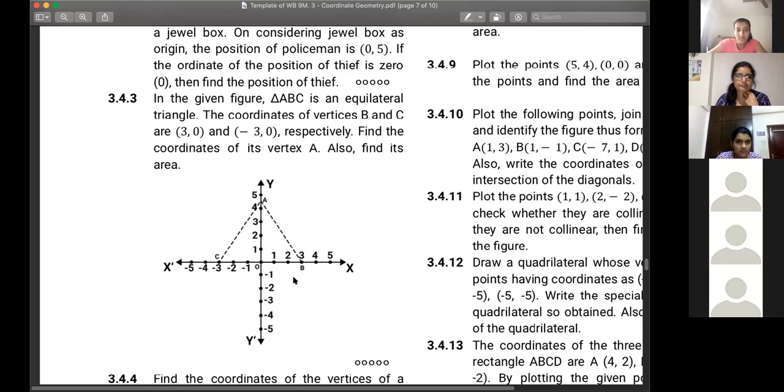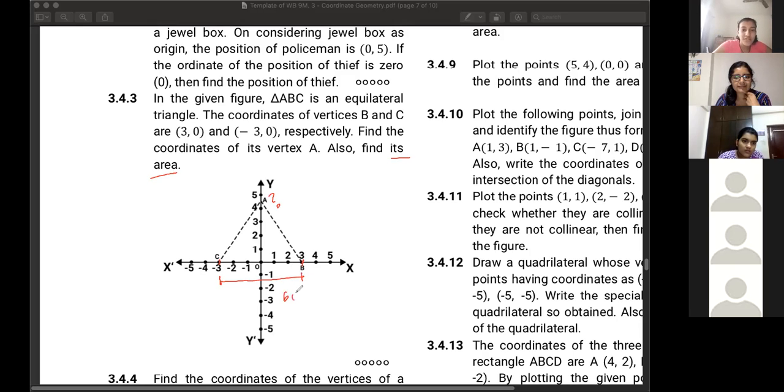It's 6, ma'am. 18 centimeters is the perimeter. Correct. Perimeter is fine, but you need to find the area. And also you need to find where point A is. Ma'am, according to this graph, it's not lying on exactly 4, but it's like 4.3 or 4 something. So you need to find the exact value. So if BC is 6, what can you say about AC and AB?